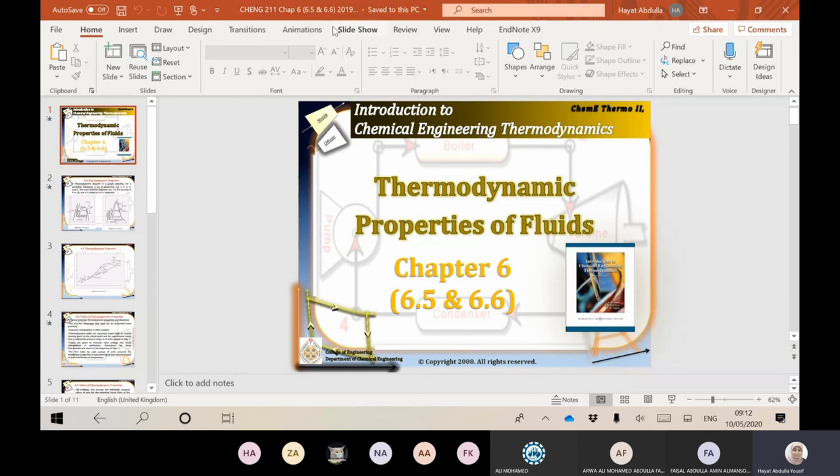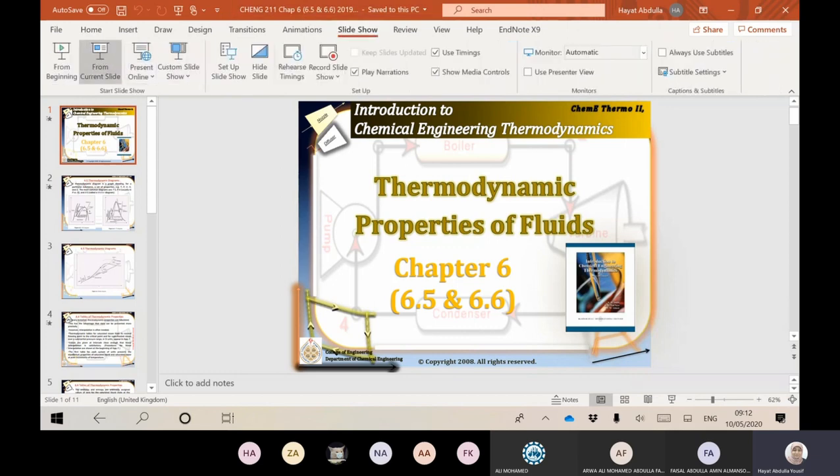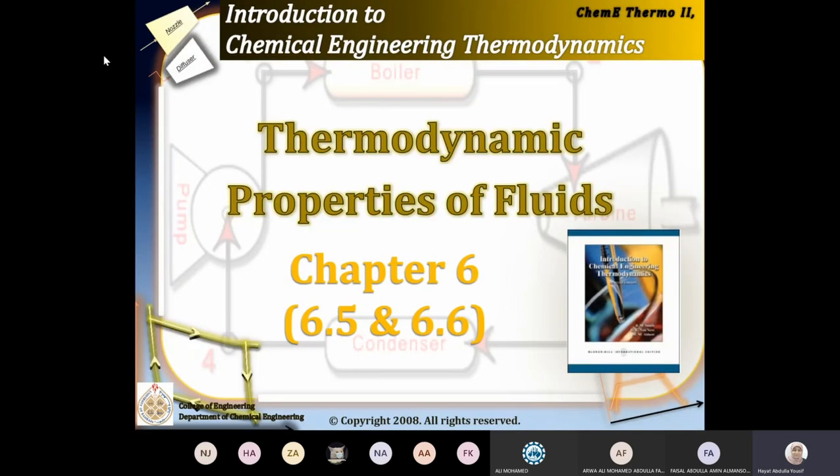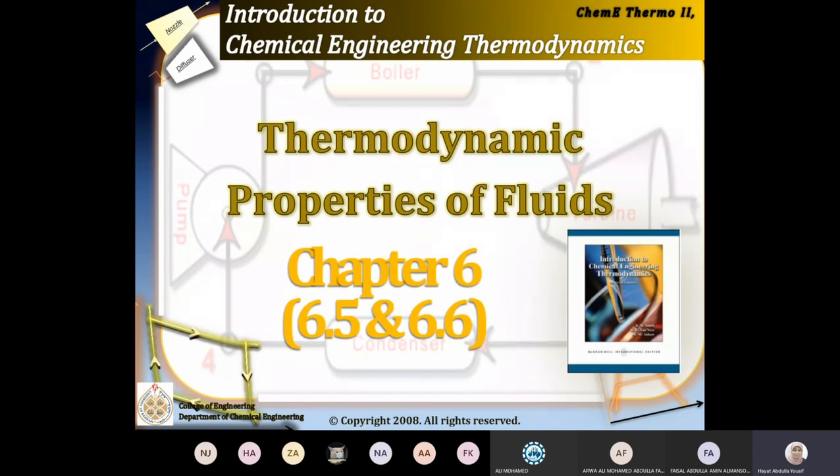What we need for today is only 2 sections, which are 6.5 and 6.6. And I will emphasize the most important things needed in this chapter, because the idea behind giving this chapter is just to have an introduction to chapter 7. So that's basically the idea.